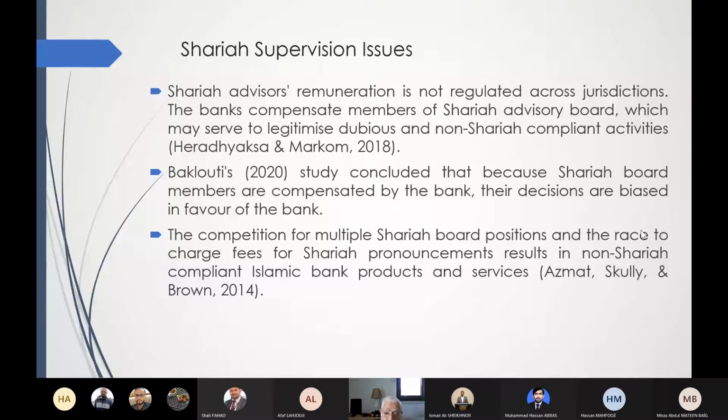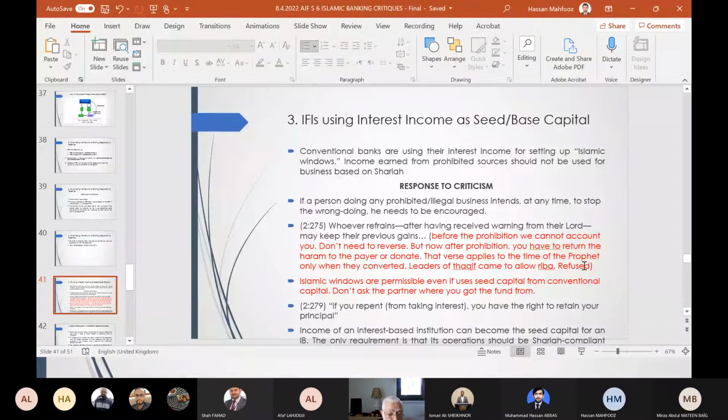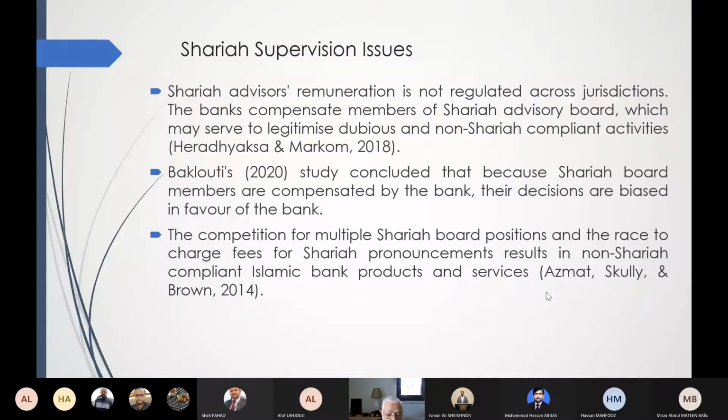A good percentage of them are riba, and we need a firewall between them, so that the profit being distributed to our depositors is all halal. So the window is permissible on the principle that you don't interfere in other people's business. You don't poke your nose and ask him, where did you get this money from? Otherwise, we wouldn't have sold.